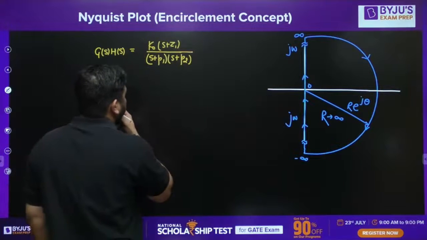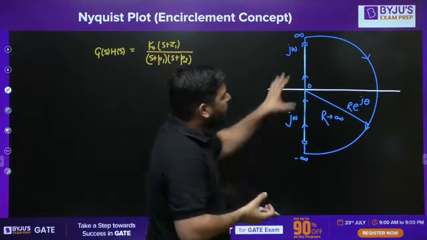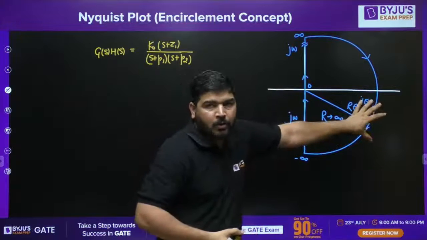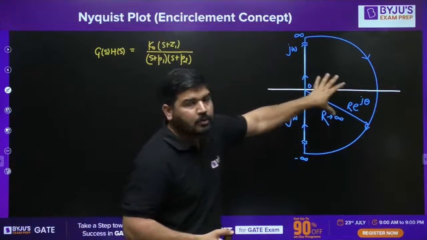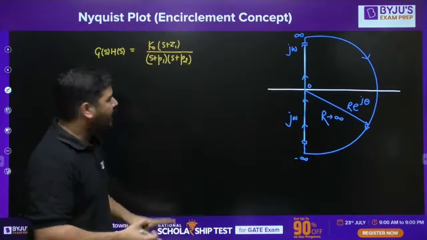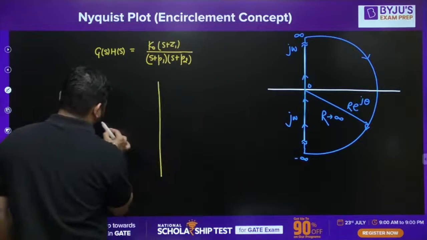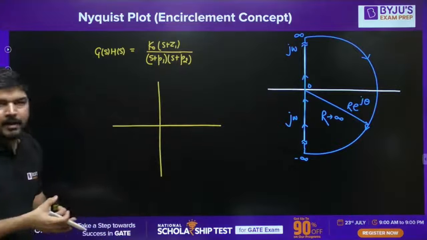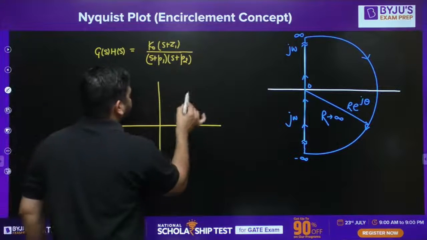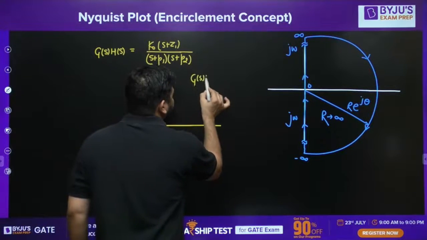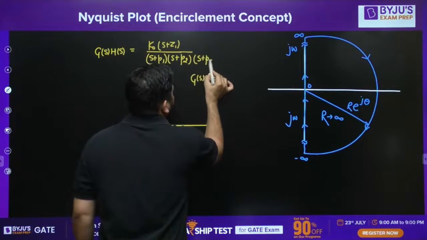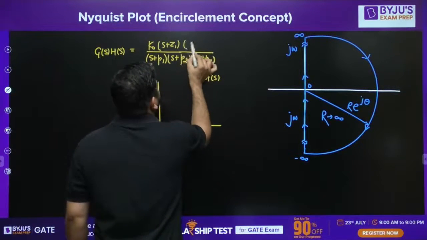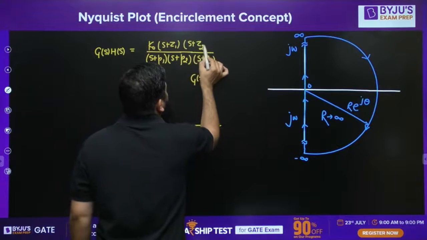Now if you map this S-plane contour into this function, the final result, you are mapping into G(s)H(s). Let's write it like this: s plus p3 also, and here s plus z2 also.